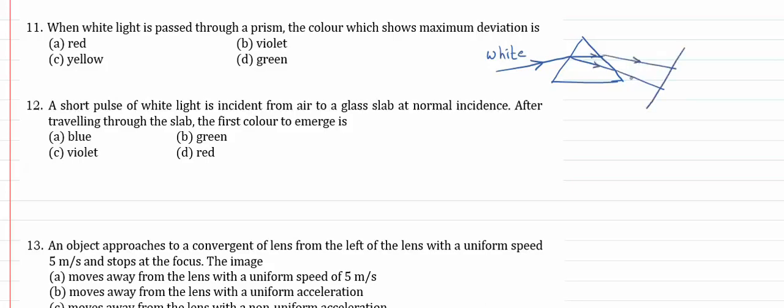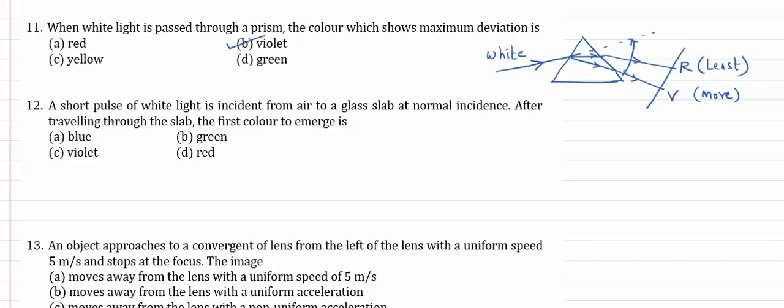All 7 colors get separated. So ಈ ಕಡೆ ಕೆಳಗೆ violet ಇರ್ತದೆ, ಈ ಕಡೆ ಲಾಸ್ಟ್ ರೆಡ್ ಇರ್ತದೆ. So more deviation is that of violet. So options ಒಳಗೆ B is the answer. Least deviation is red. More deviation is violet. Red the least ಇರ್ತದೆ.